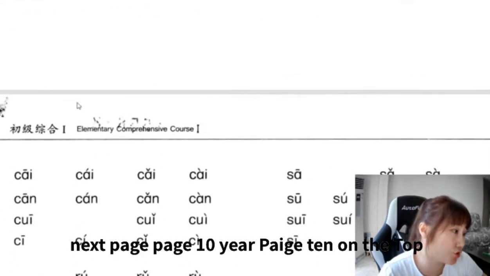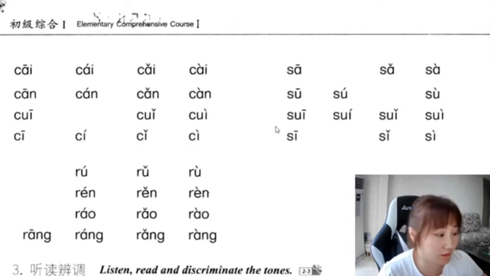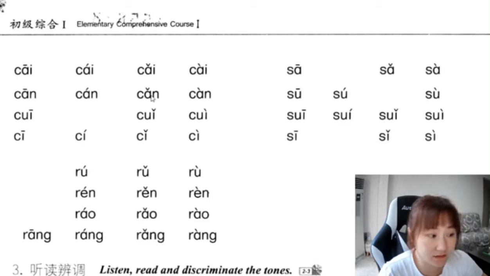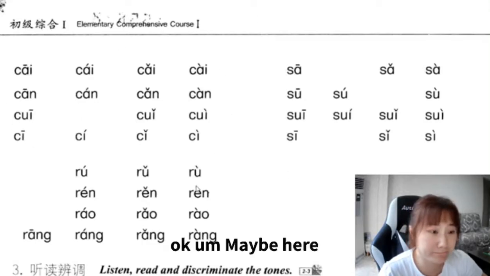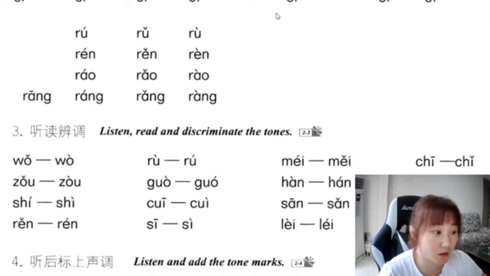Okay, and next page. Page 10, yeah, page 10 on the top. Let's read and see. The first line, 猜,才,采,菜,餐,蚕,惨,灿,催,璀,翠,丝,词,此,次。I also read the left side. Okay, maybe here.